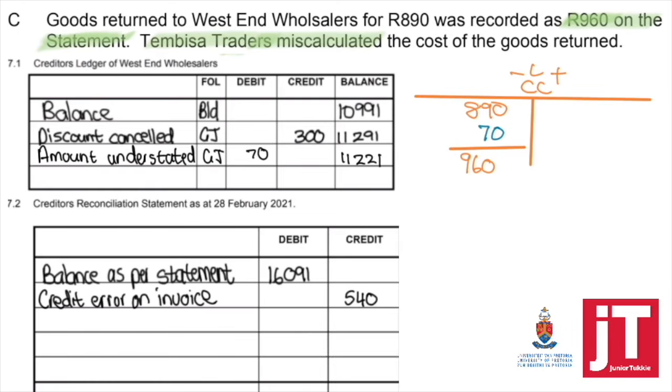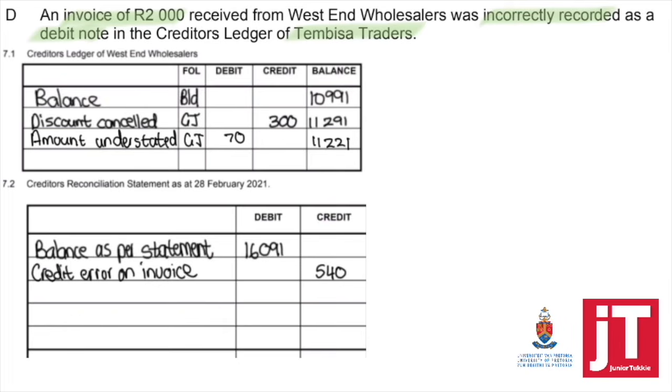So amount understated, debit 70, so my new balance is 11,221. An invoice of 2,000 received from West End Wholesalers was incorrectly recorded as a debit note in the creditors ledger of Tembisa Traders. So again, we made a mistake in our creditors ledger.